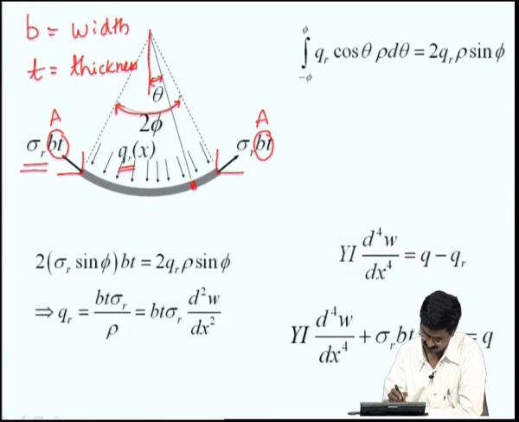The vertical component, because this angle is 2 phi, this is going to be equal to phi, and likewise if that is phi, this is going to be phi, and you are looking at the vertical component which is a sin phi. So, this is phi. So, this vertical component here will be sigma r sin phi times Bt, two of those, that is the vertical forces, this one plus that is this quantity.